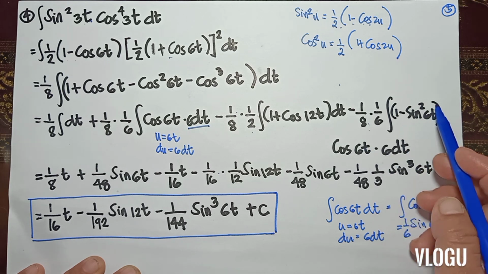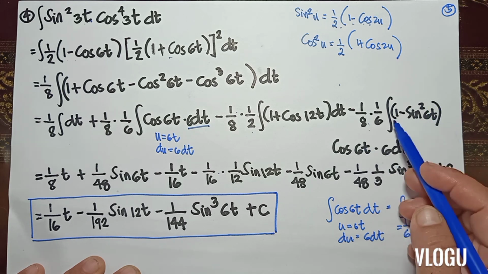cosine 6t, multiply here. So that is, I've shown here, u is 6t, du is 6 dt. So that is a form of cosine 6t times du. So you multiplied 6 to your du. So therefore multiplied 1 over 6 outside. So that's the reason 1 over 48 sine 6t minus two trigonometric functions, u to the n.